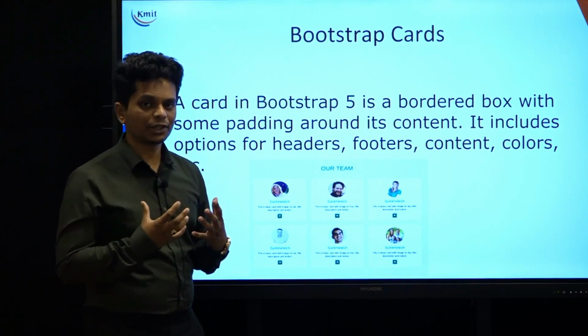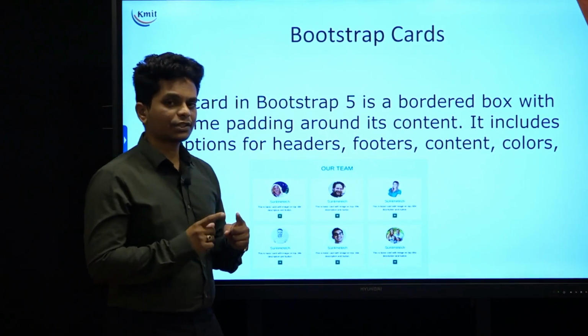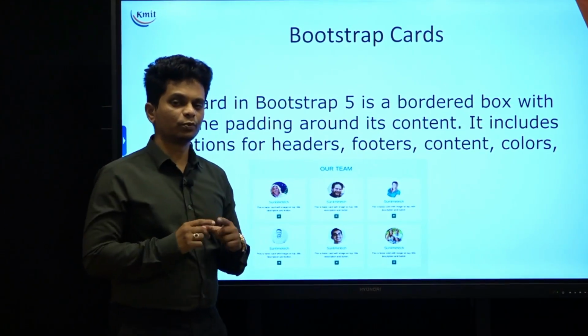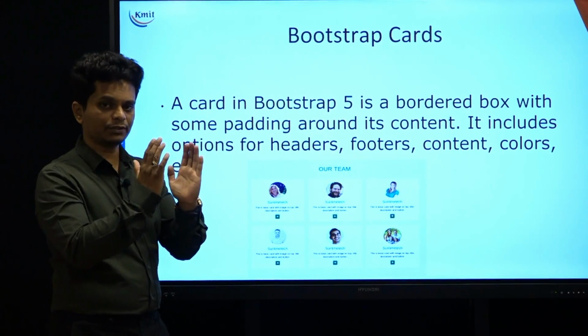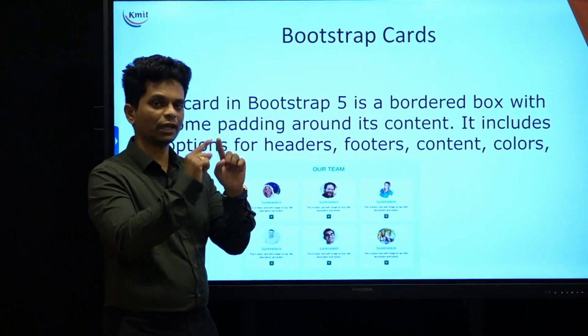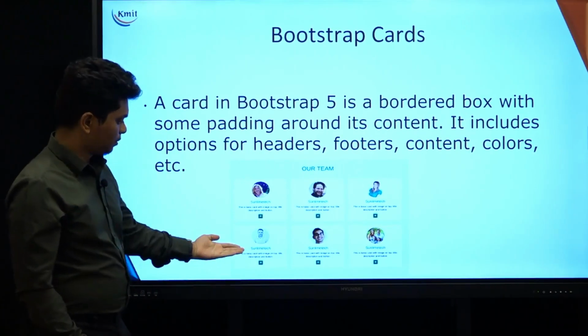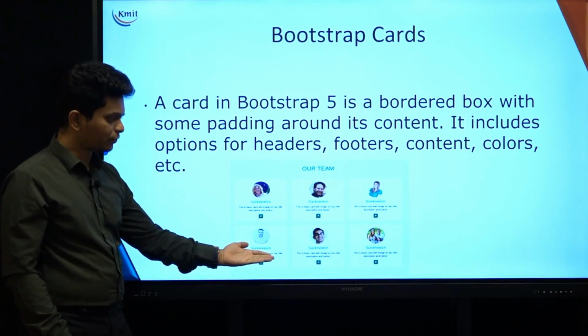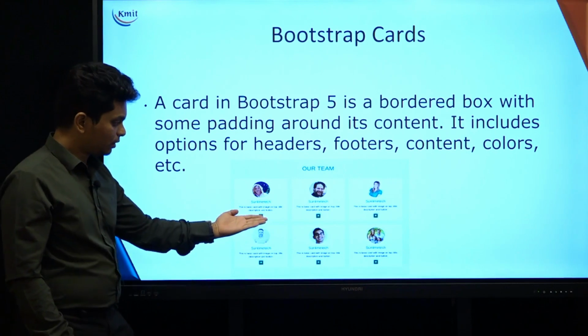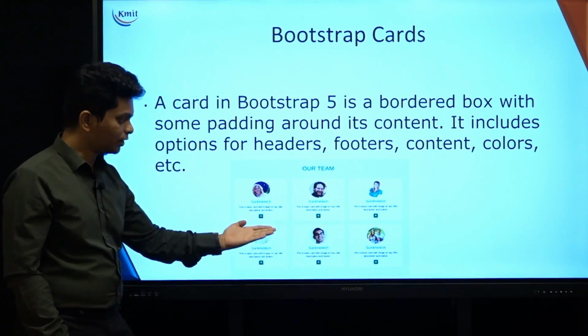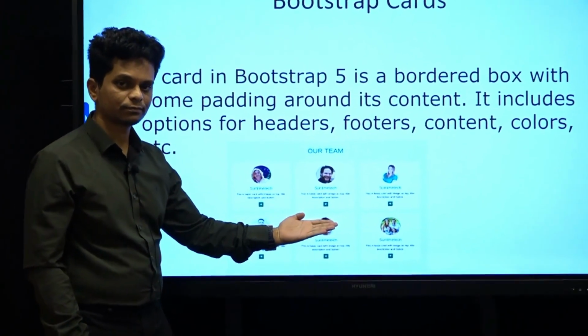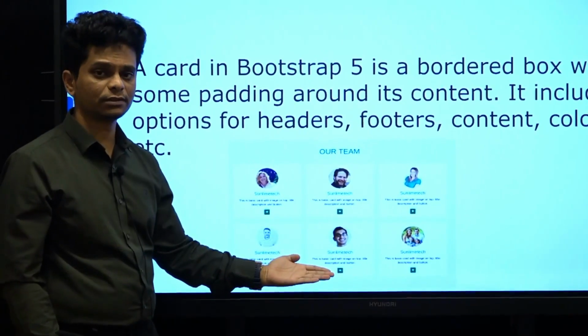So what is the speciality of a card? A card section is a container that comes with a specific place to insert an image and with padding. Like here, as you can see on the screen, these images are inserted into a card or multiple cards.